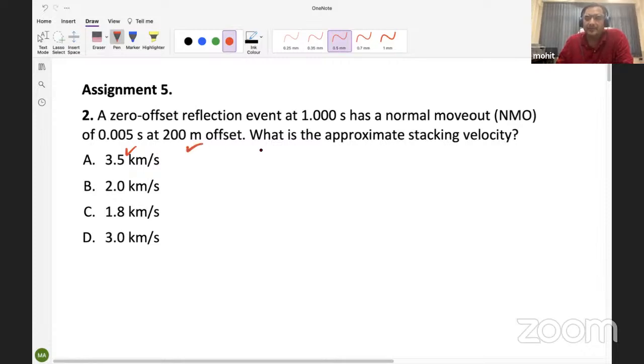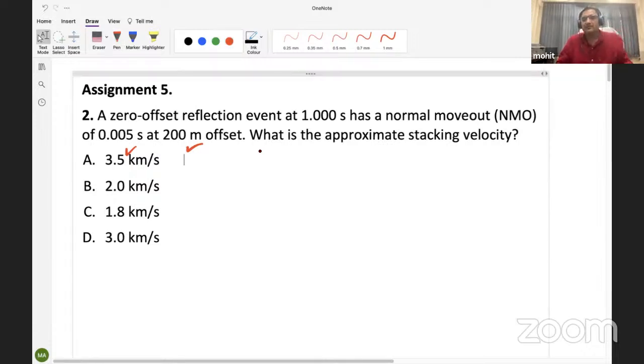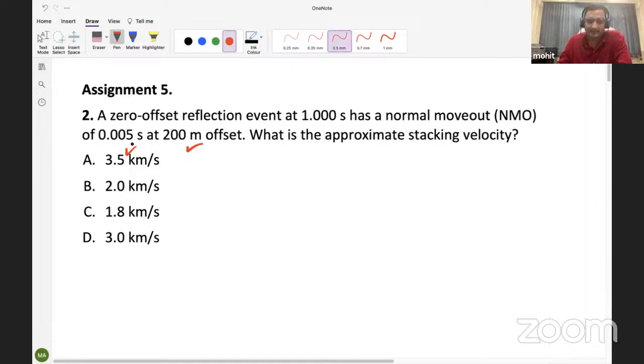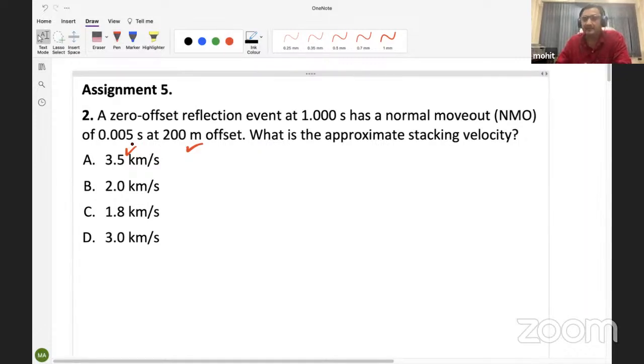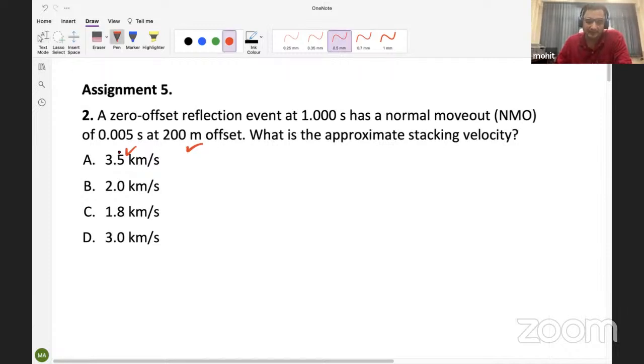What is the approximate stacking velocity? So we are supposed to find the stacking velocity, and if you recall the lectures in module 5, I discussed stacking velocity. So I encourage you all to look at the lecture to have more insight into it.